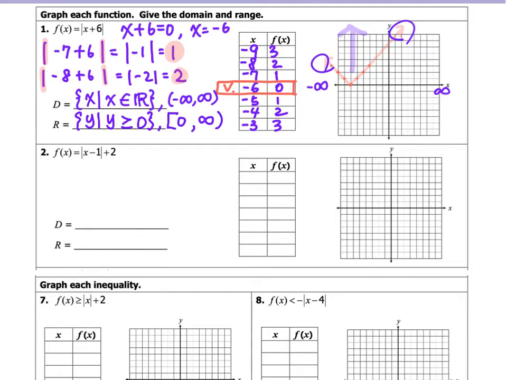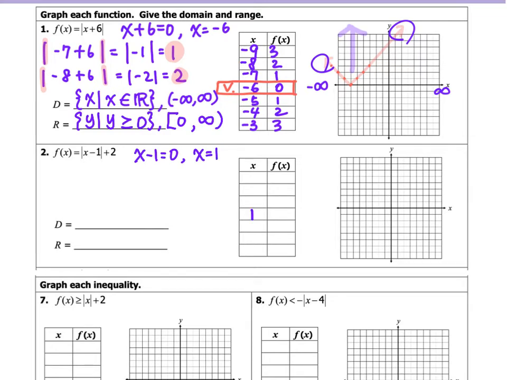On number 2, what's inside of that absolute value? x minus 1. You don't need to worry about that plus 2 in order to find the x coordinate of the vertex. So set this equal to 0 and solve for x, so x equals 1. Put it in the middle row.